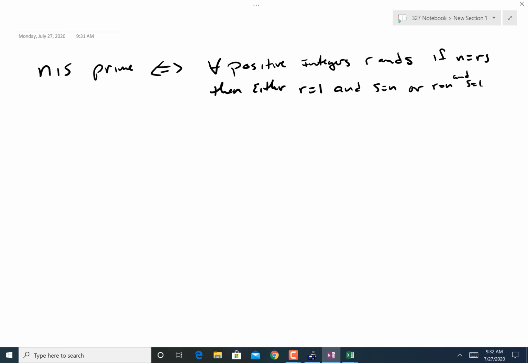In other words, you're saying that the only factors of n are itself and 1.